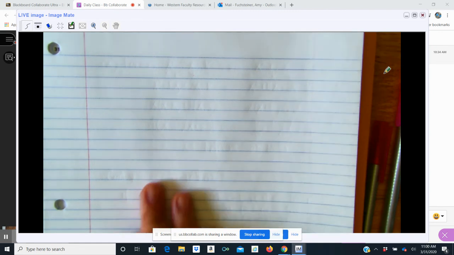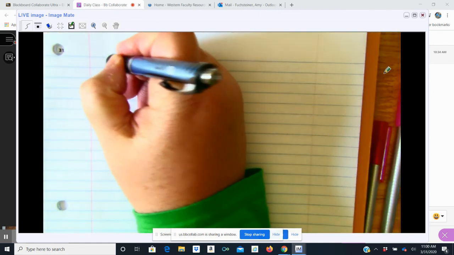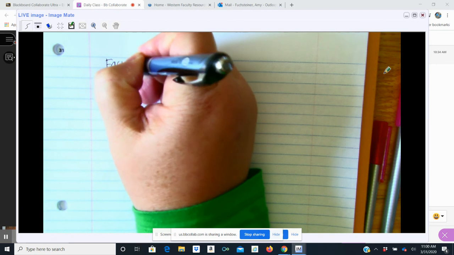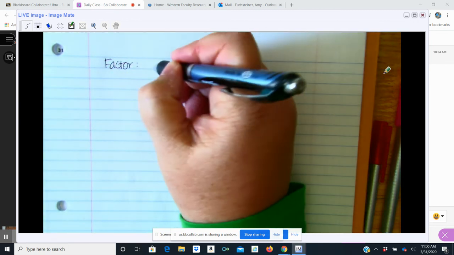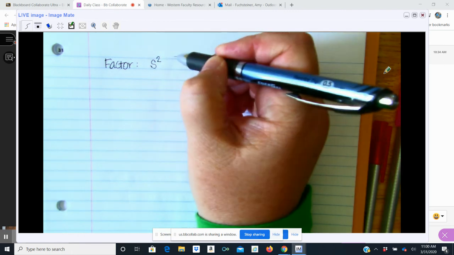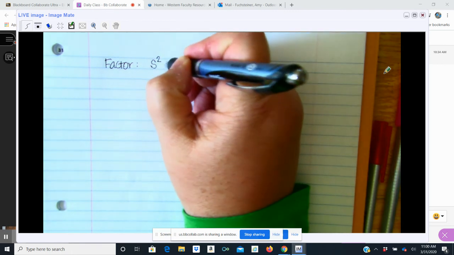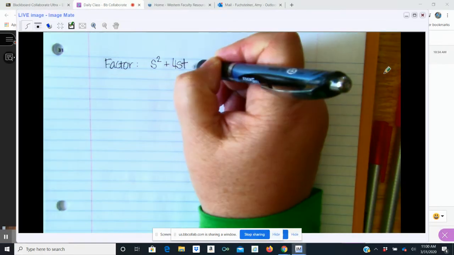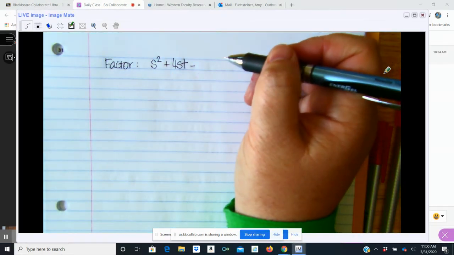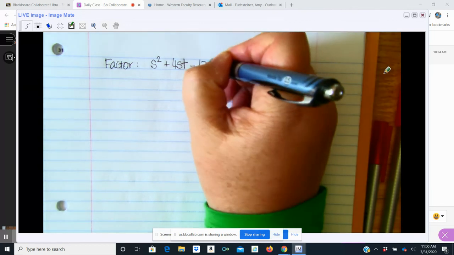All right. So let's try a couple more here. Now, not all of them are going to be just numbers. Let's look at, can you factor an s squared plus 4st minus 12t squared?